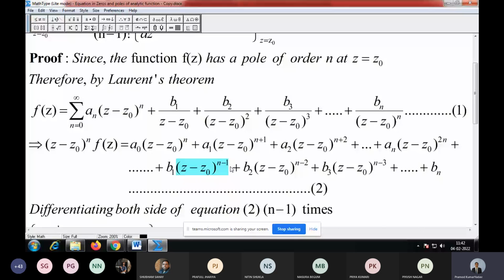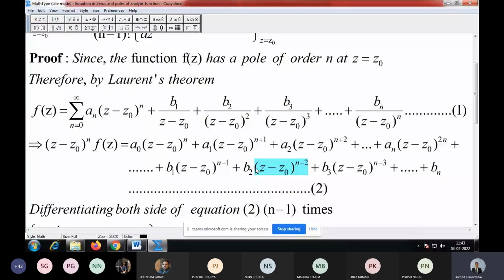So first we will differentiate, then n minus 1 will come. Second, then n minus 2 will come. So n minus 1, n minus 2, n minus 3, and so on, down to 3, 2, 1. And these are less than n minus 1. As I told you, when we differentiate x square 3 times, the result will be 0. X square 4 times, the result will be 0. So the same concept is there.